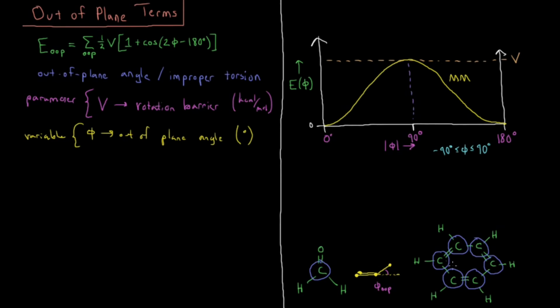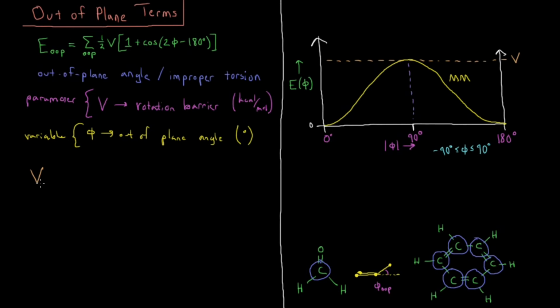We could do the same thing in a molecule like benzene. It's a little different because we could have done it through torsion angles, but we could also do it through these types of angles as well. So we'd have 6 out-of-plane angles in benzene, keeping everything around each carbon atom in a plane, and we'd have 1 in formaldehyde. These are typically on the same order of magnitude as the torsions.